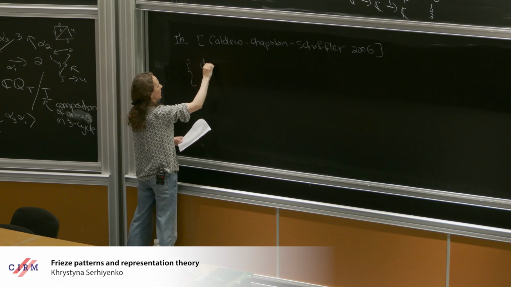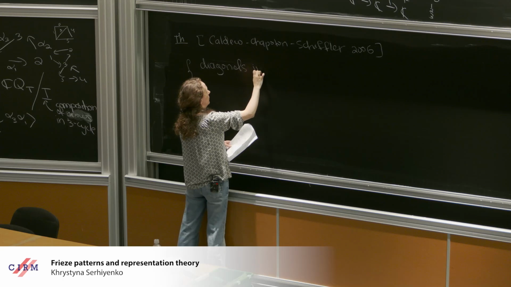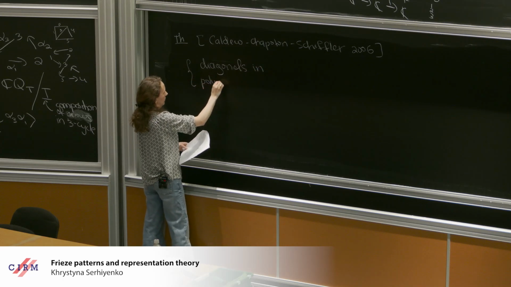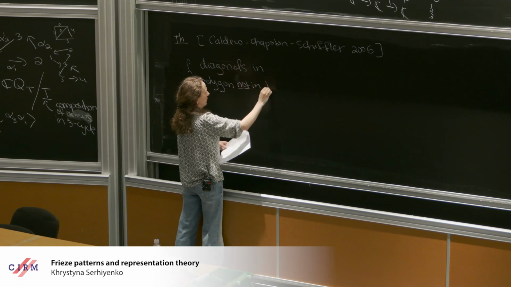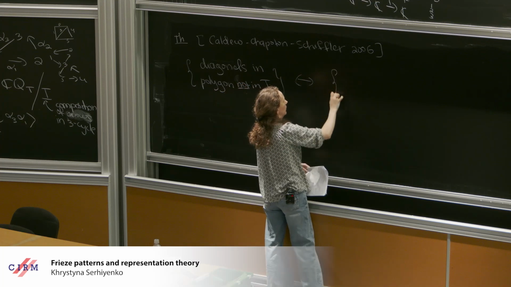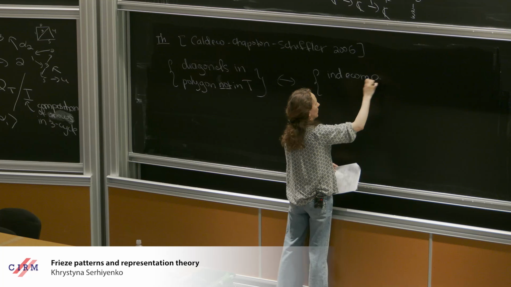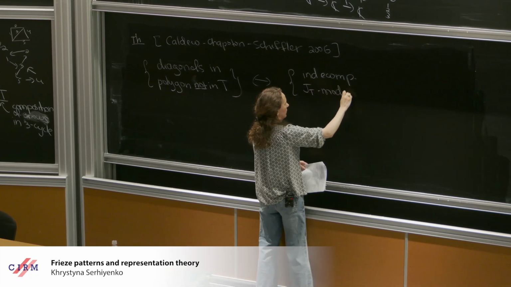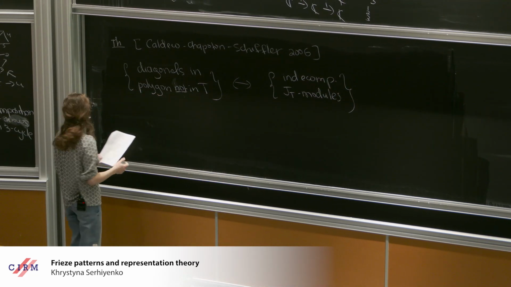If you look at diagonals in the polygon which are not part of the triangulation, then these correspond to indecomposable JQ modules, or JT modules. Okay, and the correspondence is very nice.